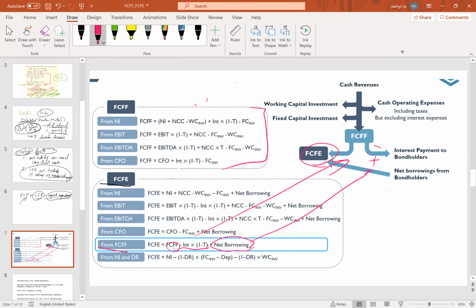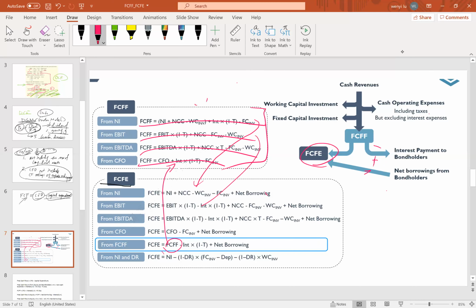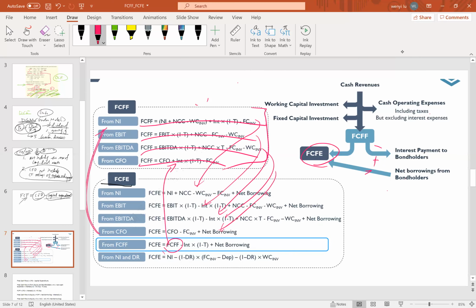And from these formulas, you can derive the other formulas above, because you can replace the free cash flow to the firm using the four equations here, and you can get the other four formulas based on these four.